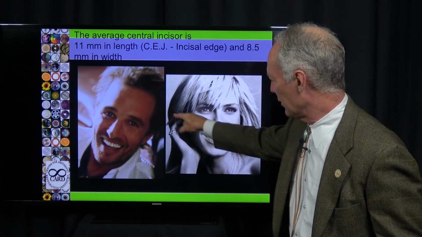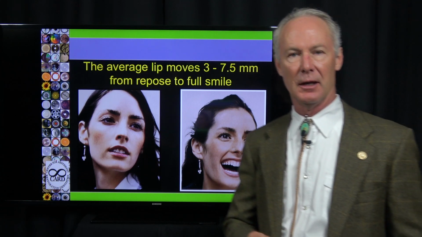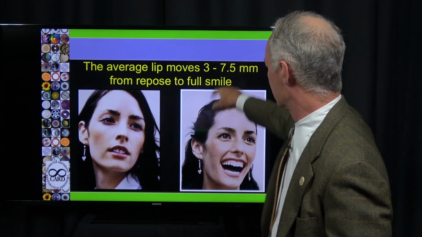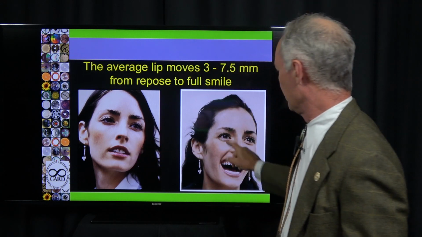It forms a U. The average lip moves 3 to 7.5 millimeters from repose to full smile, depending on the lip position when the lips are in repose. A flat lip in repose will move about 7.5 millimeters from here to full smile.